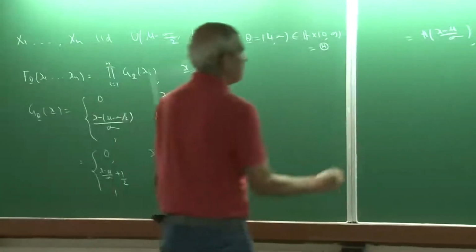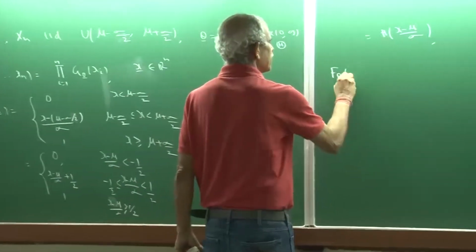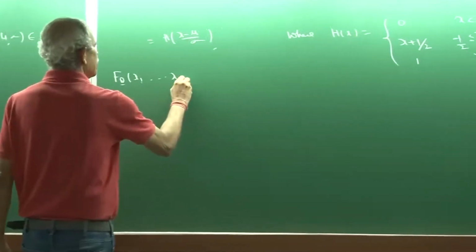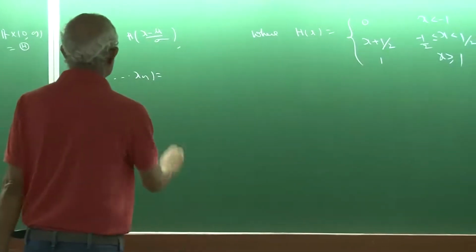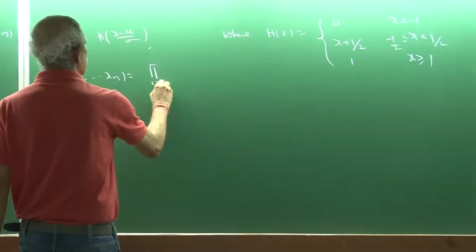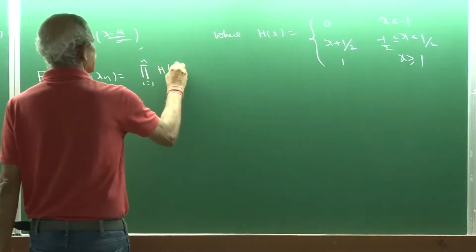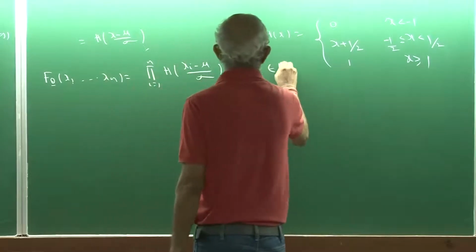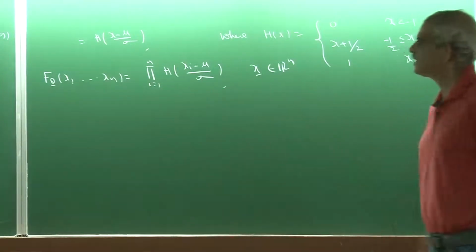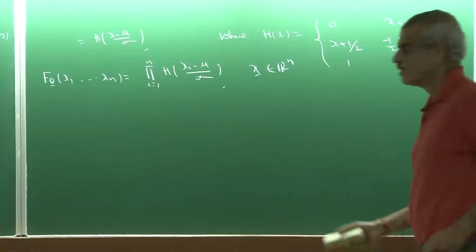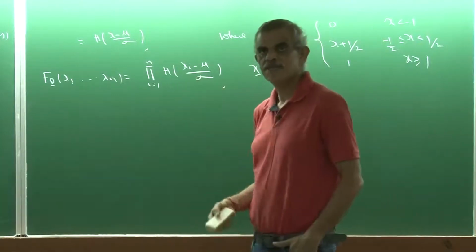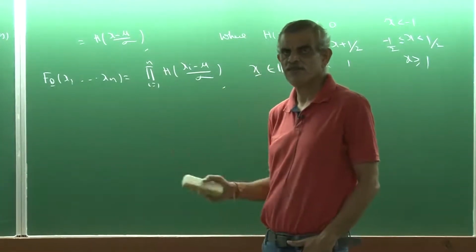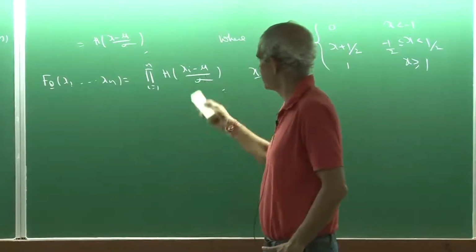So what you see is f theta of x1 to xn turns out to be product i equal to 1 to n of h of xi minus mu by sigma. So your joint PDF is of the type f of x1 minus mu by sigma, f of x2 minus mu by sigma, f of xn minus mu by sigma.